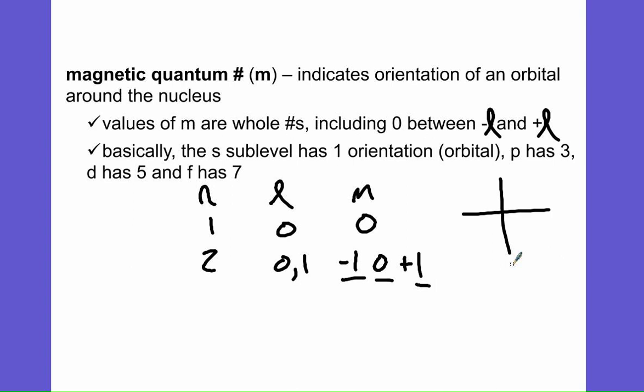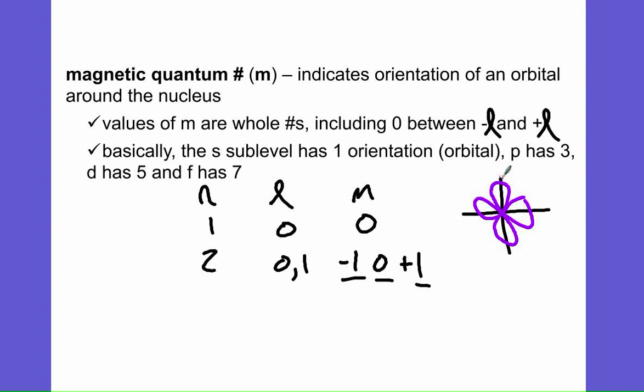Just imagine that xy graph plane that you use all the time for your math classes. I don't remember what color I used before, kind of purple. Understand that I can have a p orbital that's oriented this way, but I can also orient it up and down on the y-axis. But then there's a third axis that we don't always think about.